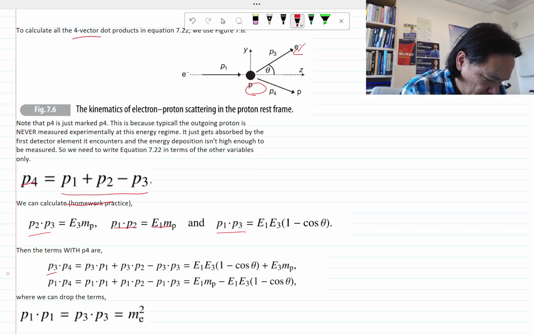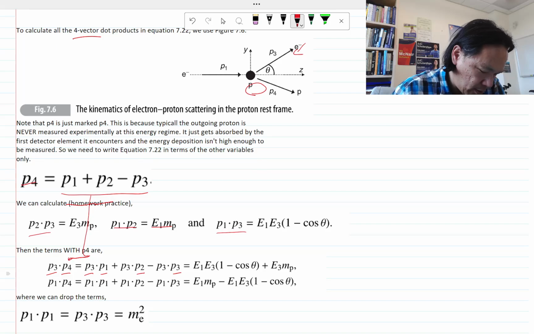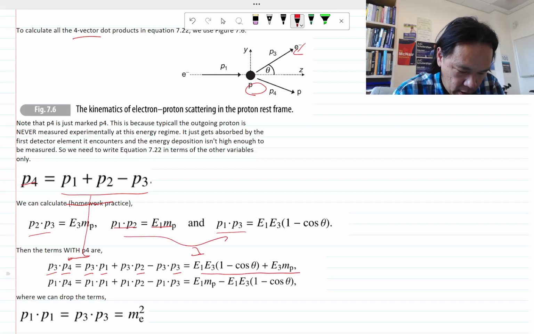So P3.P4 is actually P3.(P1 + P2 - P3). This is just a substitution directly into here. Once we have that, we can plug in the stuff we just calculated, and this turns out to be the answer: the energy of the incoming electron times the energy of the outgoing electron, times 1 minus cosine theta of the scattering angle, plus the product between the outgoing electron energy and the mass of the proton, for P3.P4.